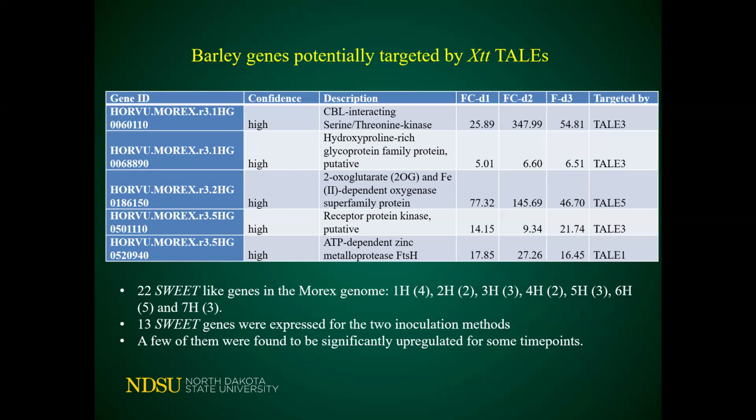We found about 13 SWEET genes expressed for the two inoculation methods. And we only found a few of them significantly upregulated at some time points, but not at all time points. They may be involved in the disease susceptibility, but we don't know at this moment.